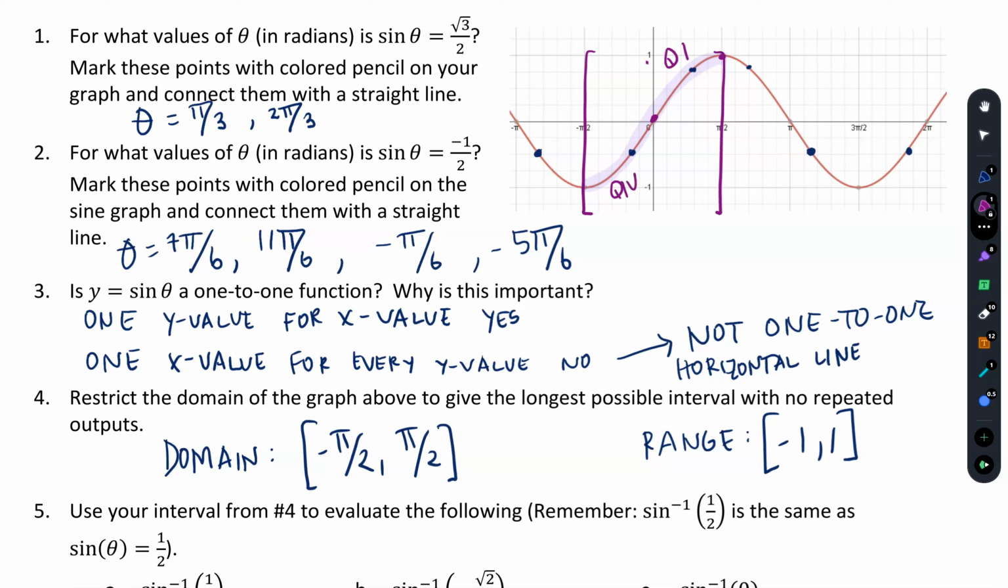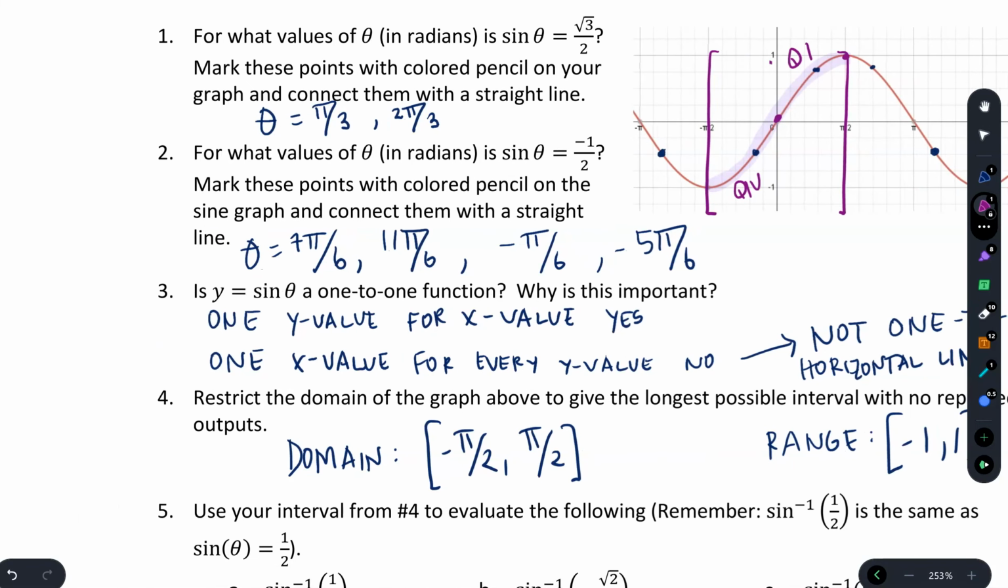Good deal. So for sine, I'm going to restrict the domain to values in quadrant 4 and quadrant 1. That also means, remember, I use quadrant 4 as negative values, so I don't use them as the positive large values. Good? Okay.